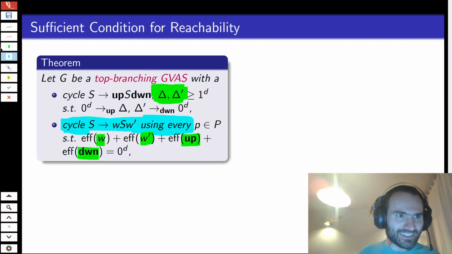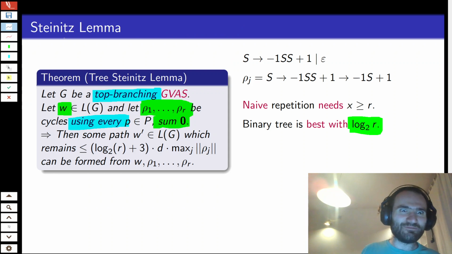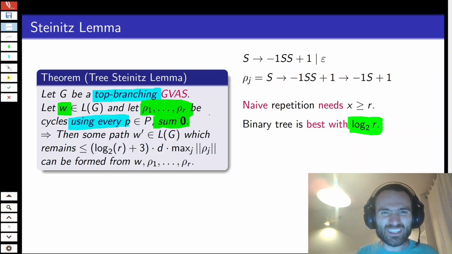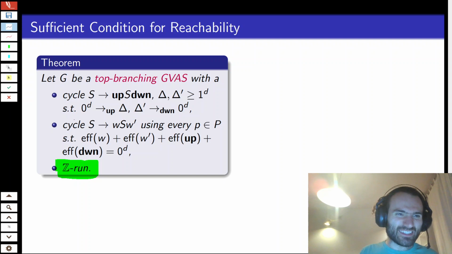Well, we explicitly require that these cycles here that we are going to use, that these use every production. So again, this one is done. We want the W in L of G, and we want these cycles to add together to sum 0. Well, this is given since W for us is chosen as a Z-run.